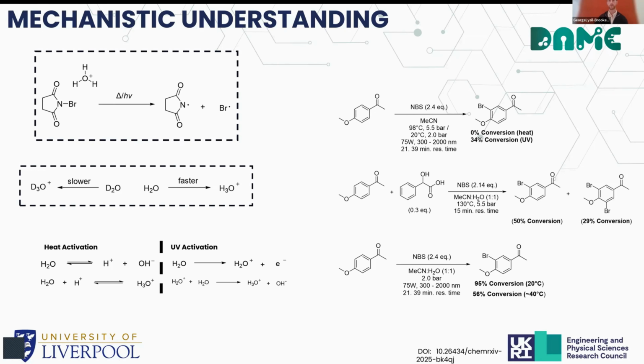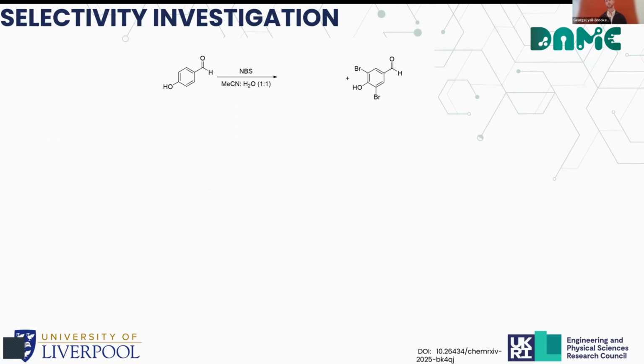So then, armed with this additional process understanding, we aimed to expand our substrate scope to include compounds that were still soluble in this acetonitrile water solvent system, and we turned our attention to this species, 4-hydroxybenzaldehyde. Given everything that I've said so far, you would probably expect this dibrominated species to be the one that forms due to the increased electron donating properties of the hydroxy group, and that proved to be the case.